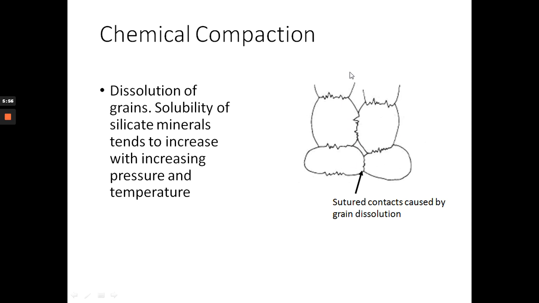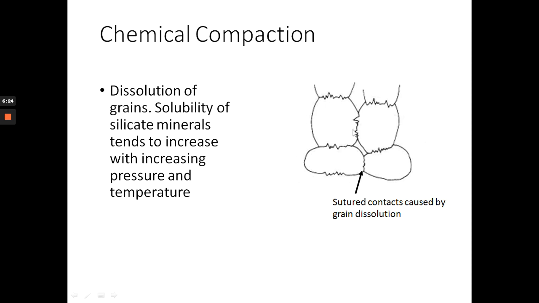Now, first, because of sediment loading at the top, it undergoes mechanical compaction. The arrangement changes, right? The packing changes. Porosity is reduced. But after some time, you cannot really reduce any more space because the grains are brittle and rigid.